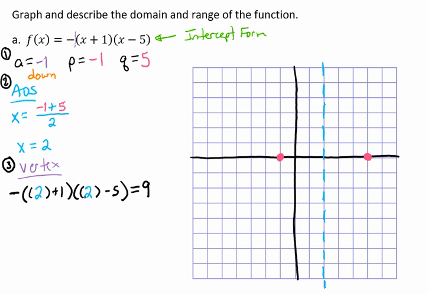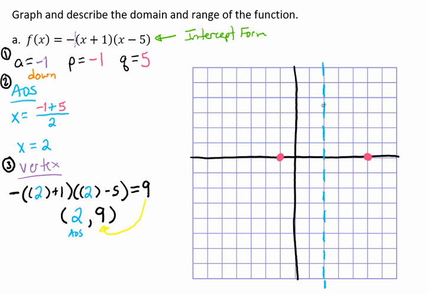So that means our vertex is going to be the point 2, 9, where our 9 came from plugging our 2 into our equation, and our 2 is our axis of symmetry. So we'll go ahead and plot that point, 2, 9.